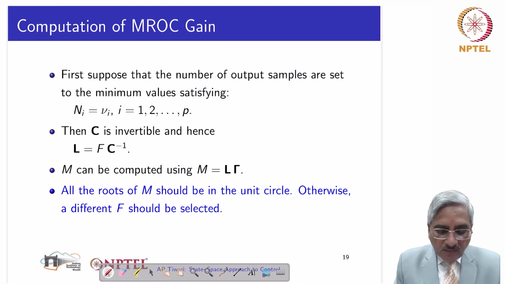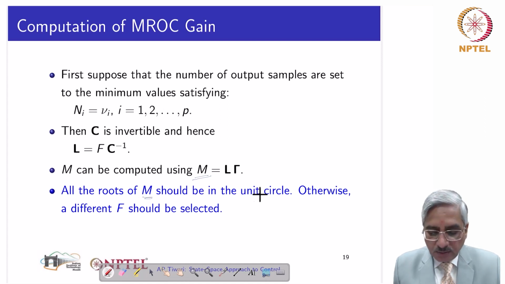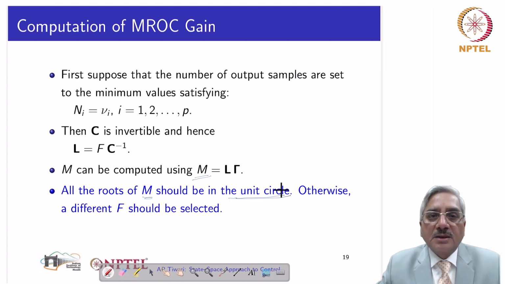Now, after calculating M, we need to perform a check on M. We have to see its eigenvalues, and they should be in the unit circle in the Z plane. That is the necessary condition for stability. This result comes from the digital control subject.